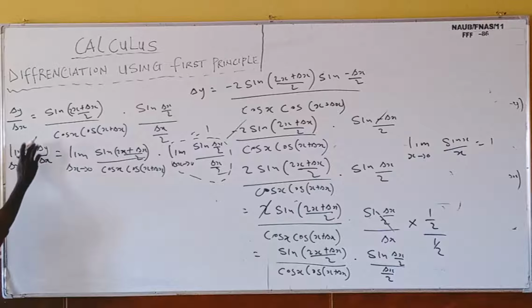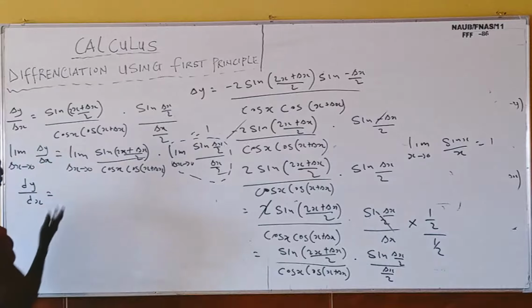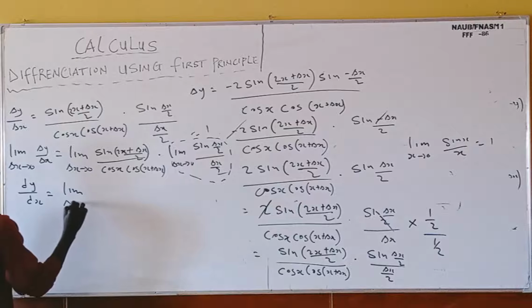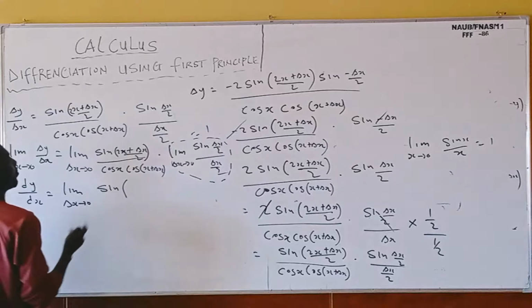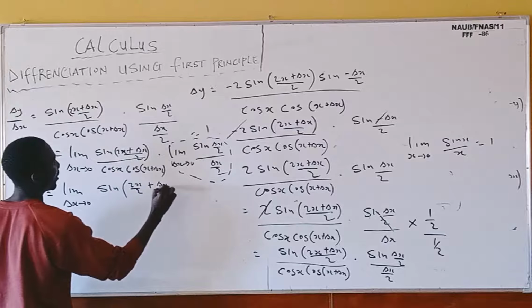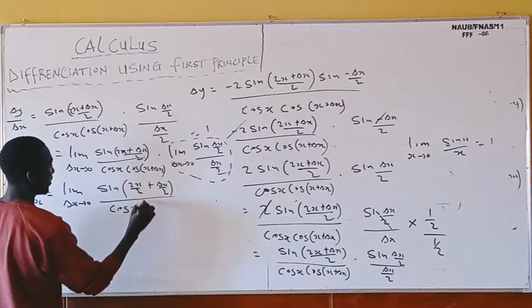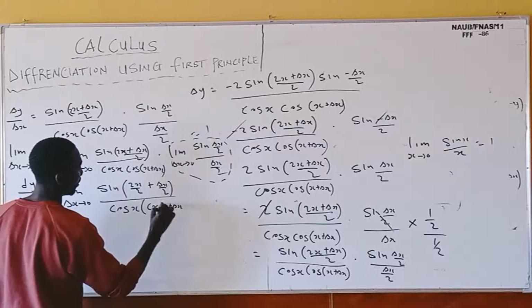The limit as change in s approaching 0 of change in y over change in s is nothing but dy over ds. So now, the limit of this as it is approaching 0 is nothing but what? So let me write it back. The limit as change in s approaching 0 of sine, now what is here I can split it as 2s over 2 plus change in s over 2, all over cos s into cos s plus change in s.